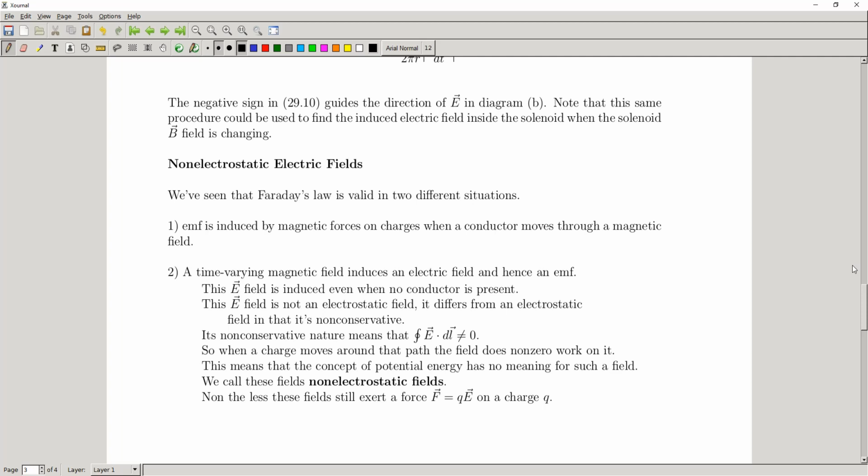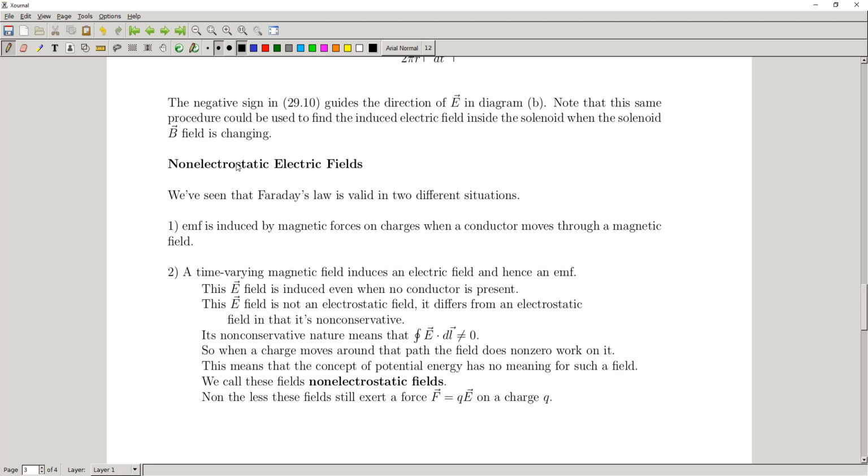We've already pointed out that there's a key difference between the electric field that's driving the current in this loop and setting up this EMF. We've already talked about how it is a non-conservative electric field, where the electric fields generated by charge are conservative electric fields. They lead to forces which are conservative.